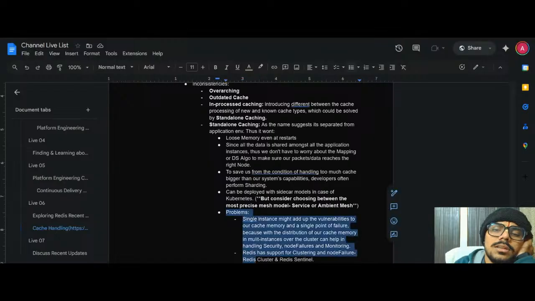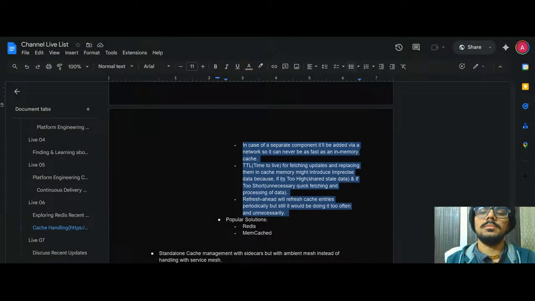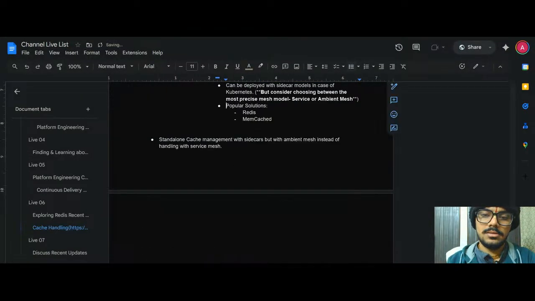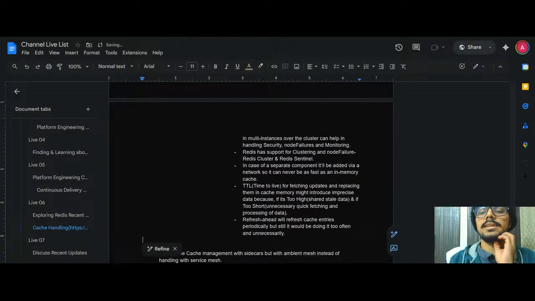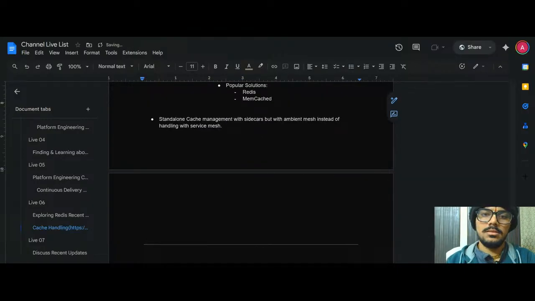So I should move them into a separate section instead, because they are not a part of the standalone, right?